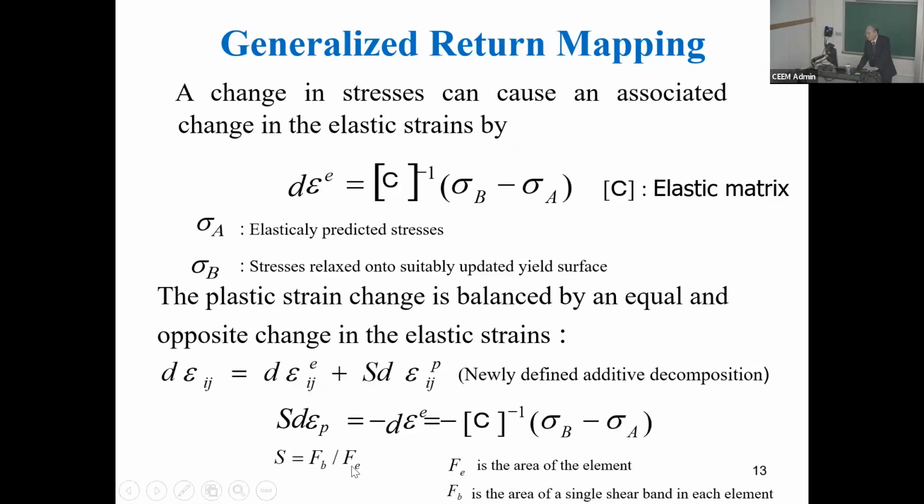In this equation, Fe is the area of the element, finite element. Fb is the area of a single shear band in each element. This S is the area ratio. This was introduced. So I say it is a newly defined additive decomposition.